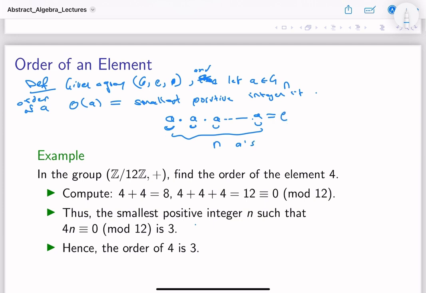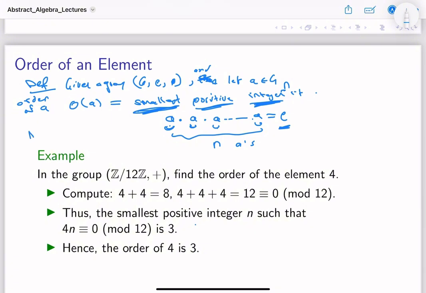Okay, so I stress a few things here. It's the smallest positive integer n, such that if you take n a's and you take the operations between these, you get the identity of the group back. So I guess let's take an example to refine this real quick, right?